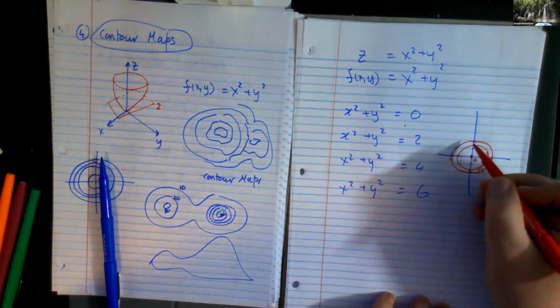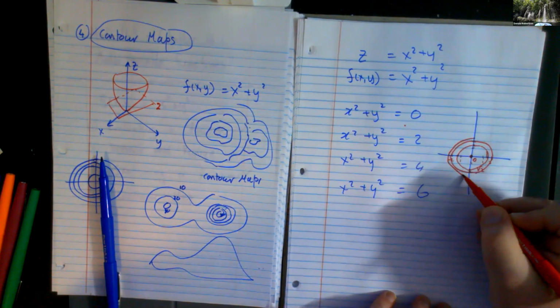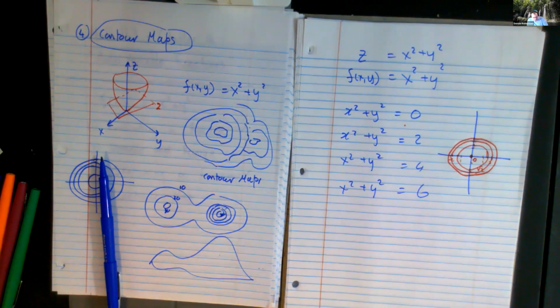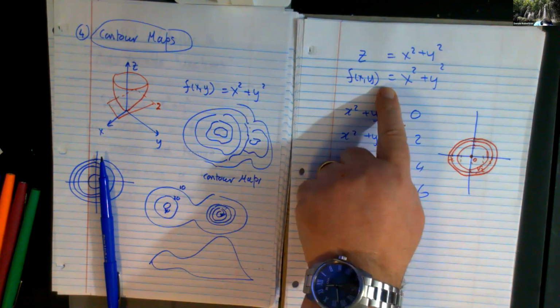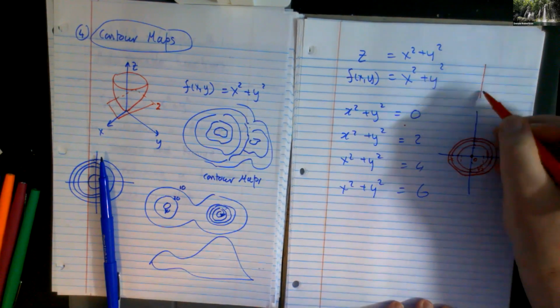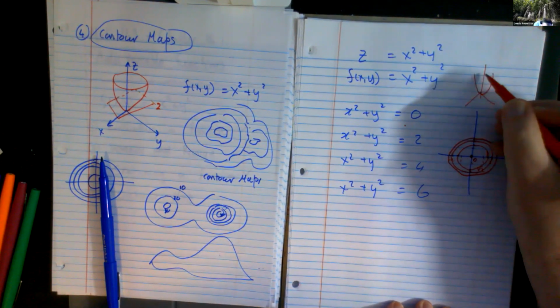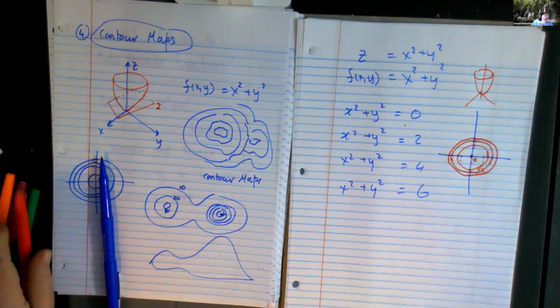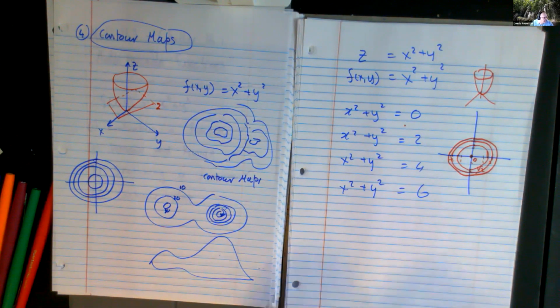Which I'm not going to make any great attempt to do. Can you see I'm now creating the contour map for this surface? So that's how you create a contour map by hand.